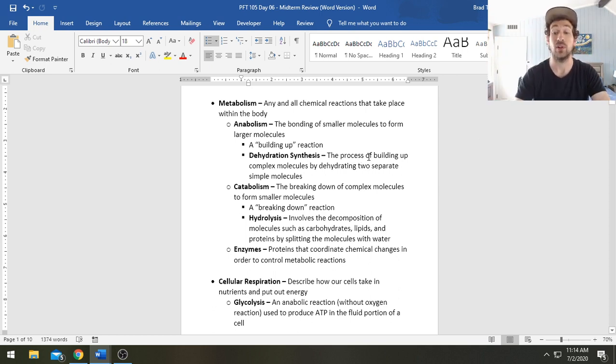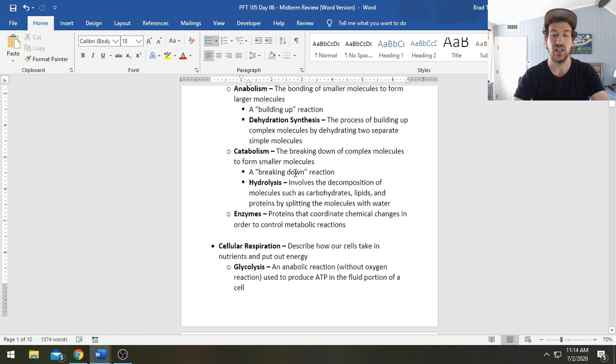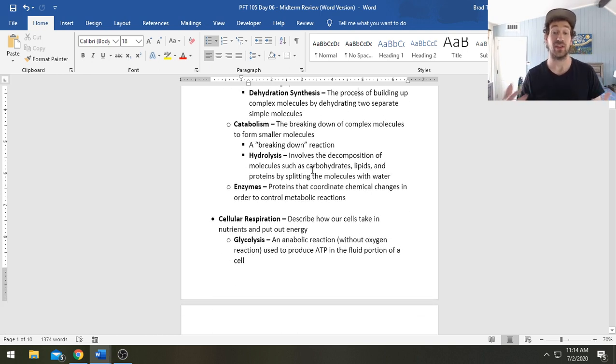So it's the process of building up two simple molecules into something much more complex by dehydrating both of them a little bit. Catabolic reactions, the way we break stuff down, use a process called hydrolysis, where you're actually using water molecules to break up a complex molecule into individual pieces. The water molecule donates half of itself to one side and half of itself to the other, and that splits that molecule apart.